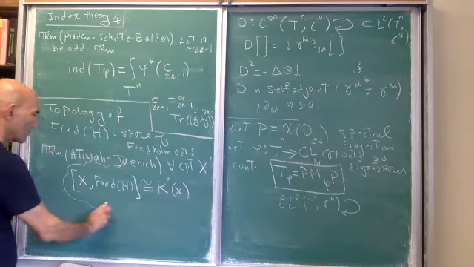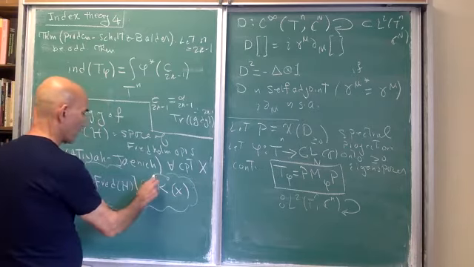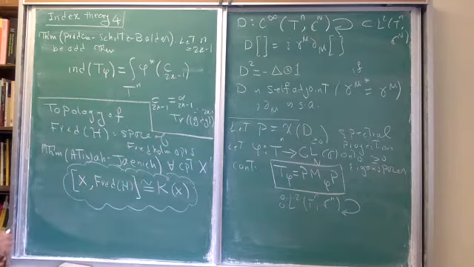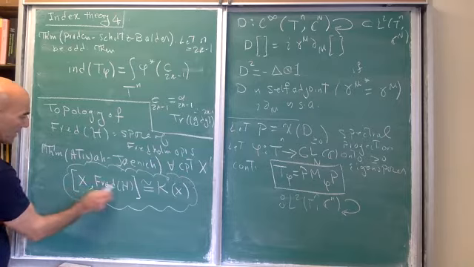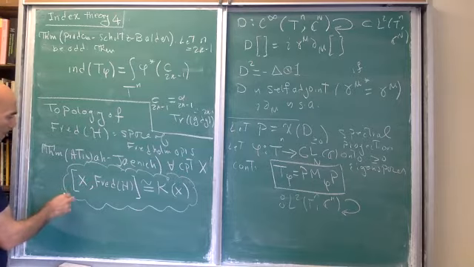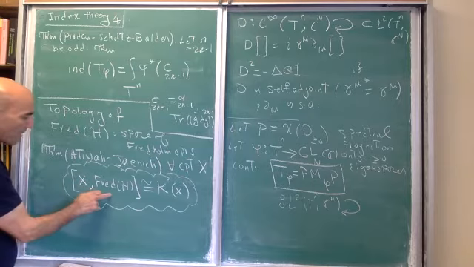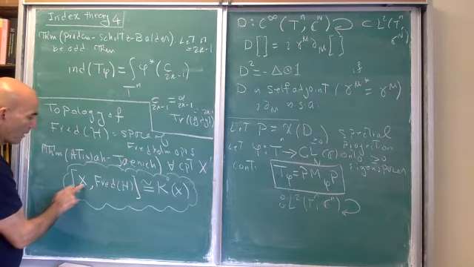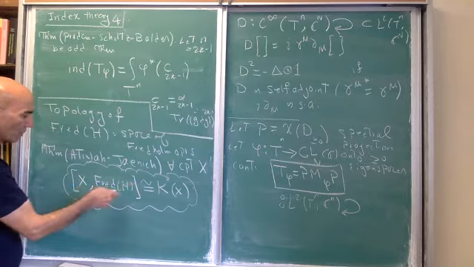So let me explain the elements here. By the left-hand side, we mean the set of all continuous maps from X into Fredholm operators up to homotopy.